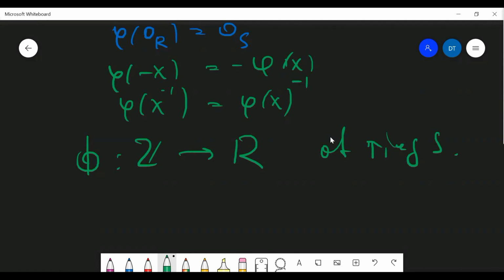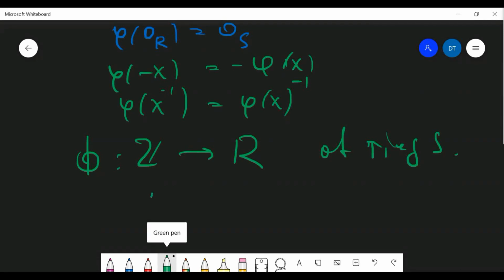So there are a lot of homomorphisms from Z to R as an abelian group. But now we want to discuss homomorphisms from Z to R as a homomorphism of rings. Well, it turns out that there is only one option.